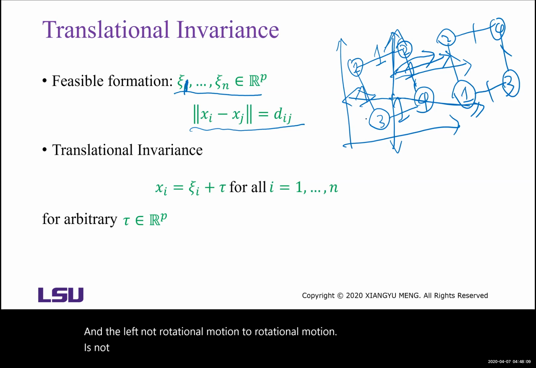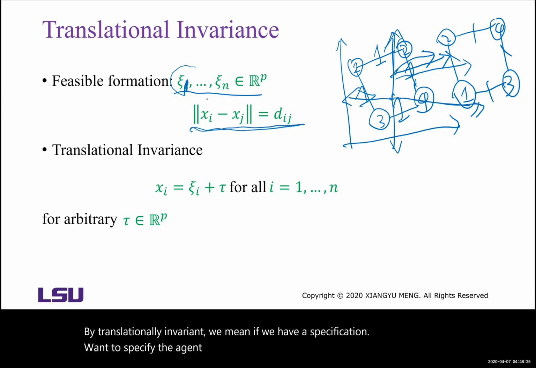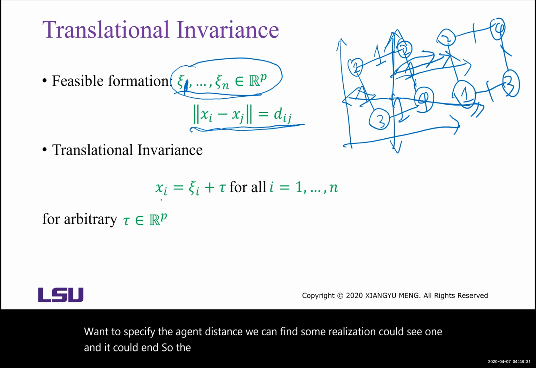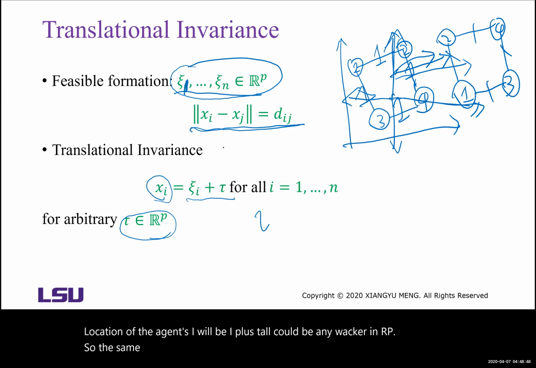Then we can specify this by translational invariance. By translational invariance, we mean if we have a specification for the interagent distances, we can find some realization, c1 to cn. So the only motion allowed is that the location of agent xi will be ci plus tau, where tau could be any vector in R^p. So the same tau for all agents.